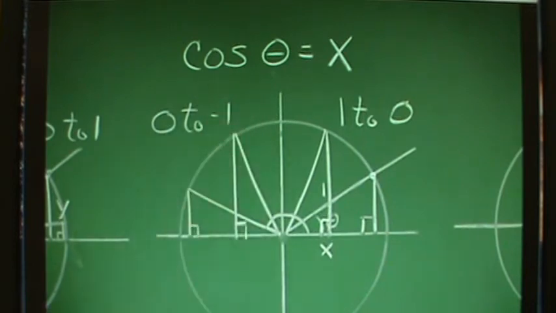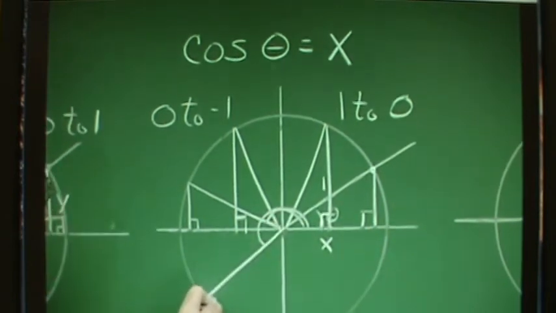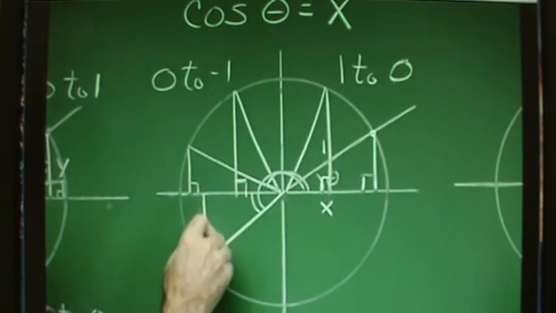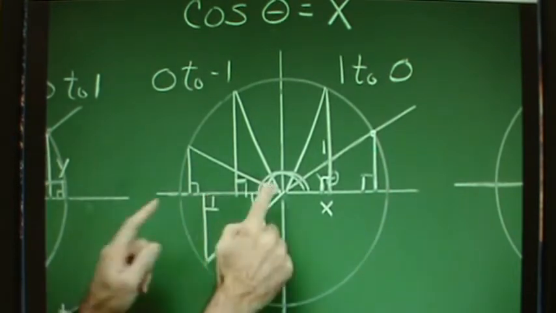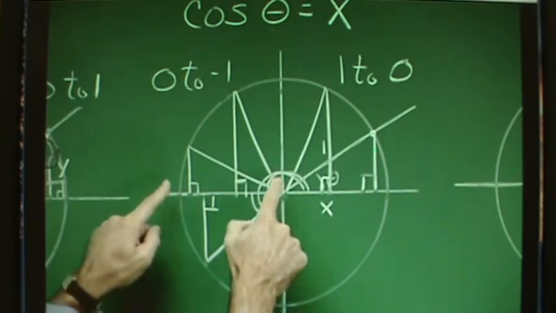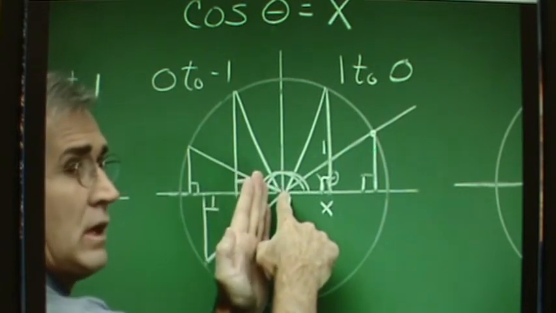And then in the third quadrant, we're turning angles beyond the 180 mark. So we have a reference triangle here, and the value of x is the cosine of theta. And it is going from -1 and coming back to 0 in this quadrant.